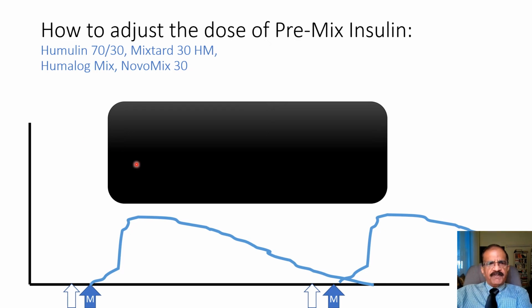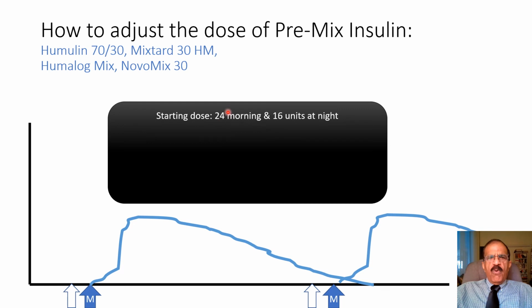Either way, we give the combination in the morning and evening. Starting dose, this is just an idea, 24 morning and 16 at night. This is usually the range I normally start.